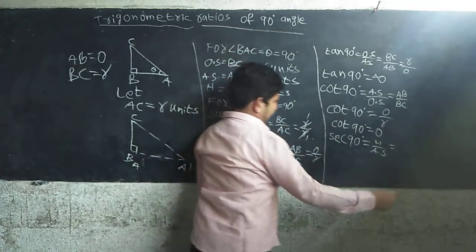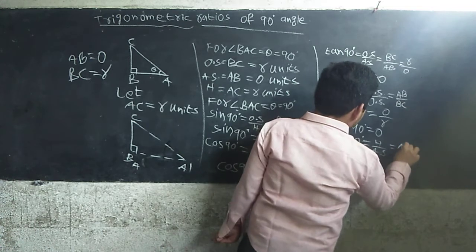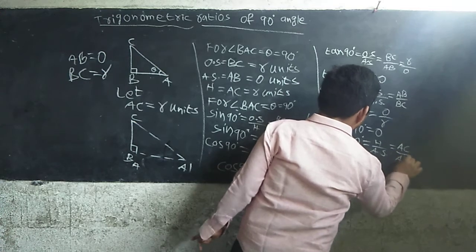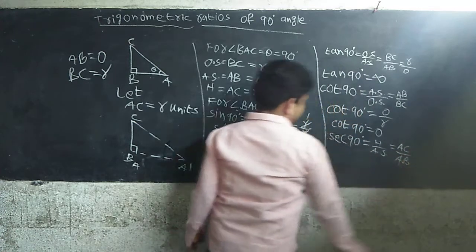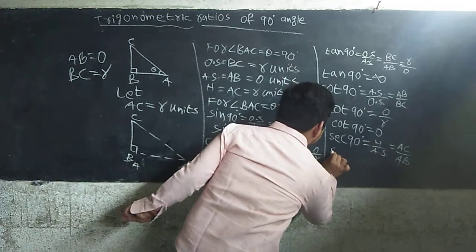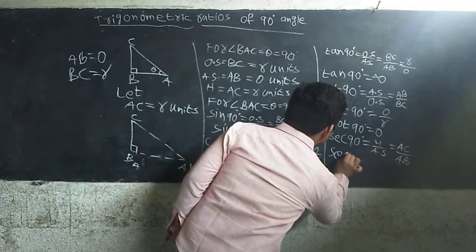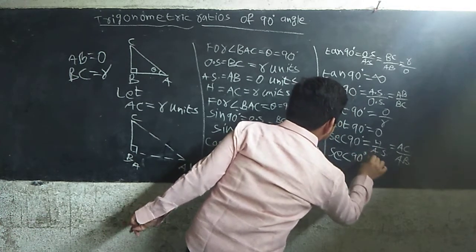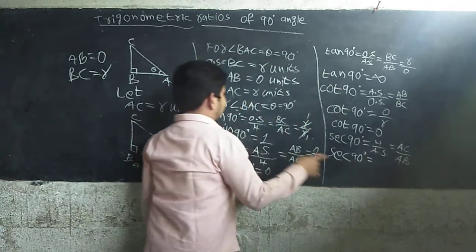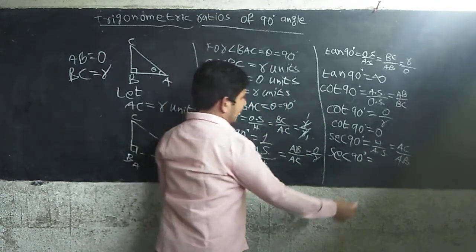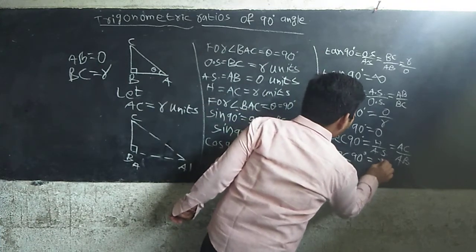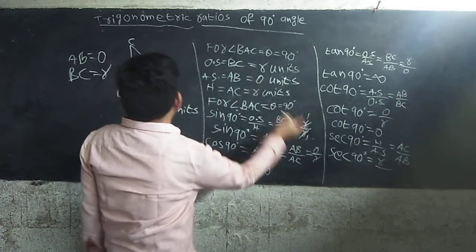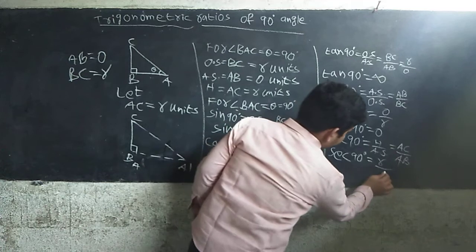AC is R, so R by AB. AB equal to 0, so R by 0.